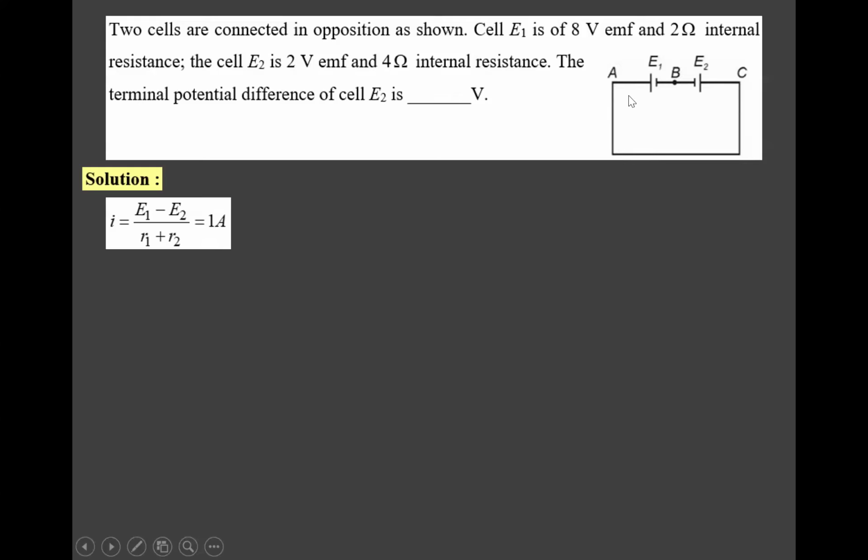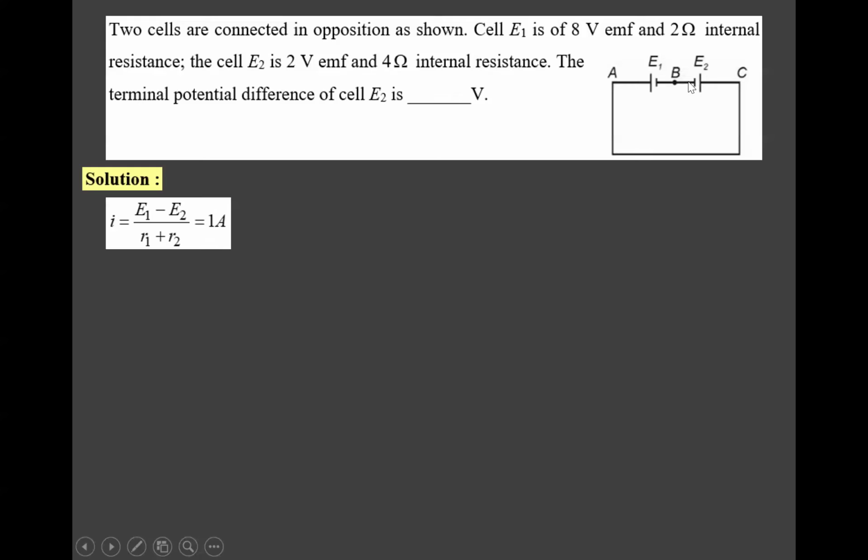So if the current is flowing in this anti-clockwise direction, then we can see through the cell E2, current is flowing from positive to negative.